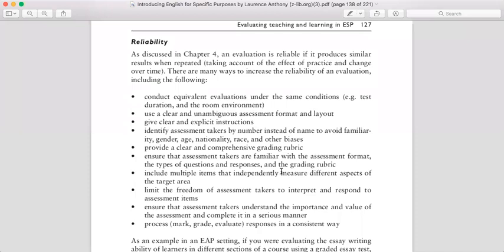Okay, so this is the grading rubrics. Now we need to ensure that those who are taking these assessments should be familiar with the format, with the type of questions and the grading rubrics. Okay, so if the students are familiar with all of these things, they would increase the reliability.